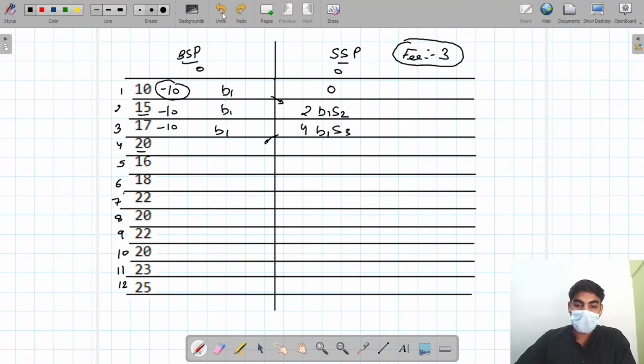We are taking 10 as it is. Now for selling, 20 minus 10 is 10, 10 minus 3 is 7. Is 4 greater or 7 greater? 7 is greater, so we take 7. Buy 1, sell 4.